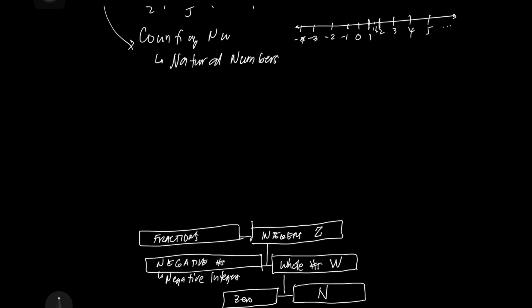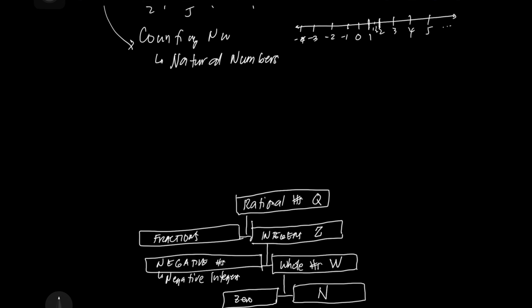If we get the union of fractions and the integers, we have the rational numbers, denoted by capital Q.